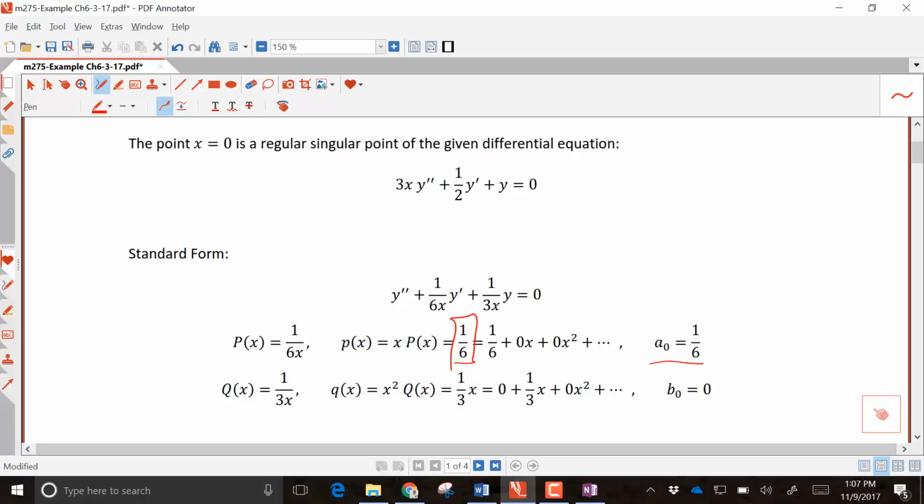If you write that out as a series, we have 0 constant term, 1/3 x is your linear term, and then zeros for everything else. Remember that you're looking for the constant term, and the constant term in this case is 0.